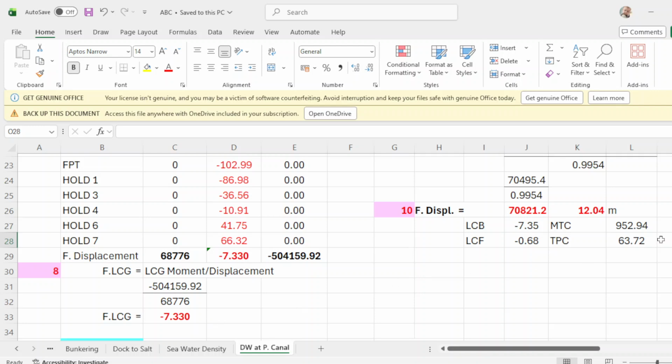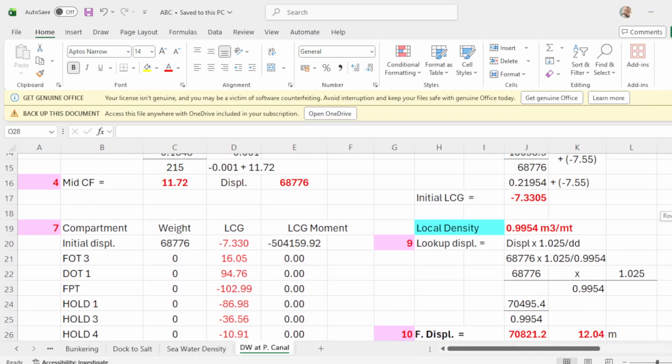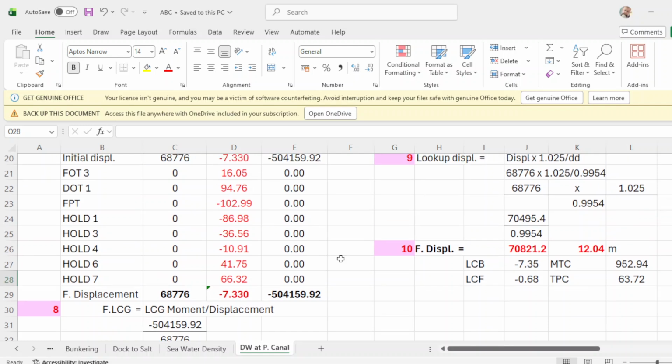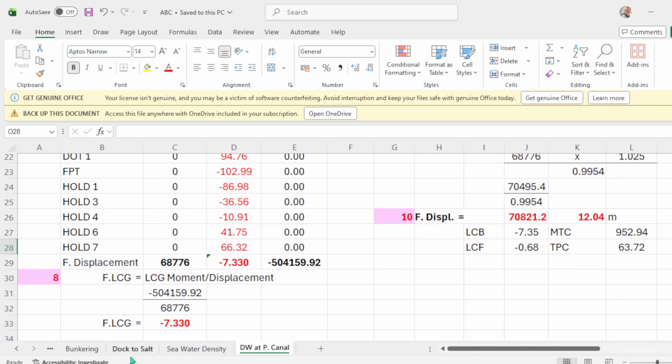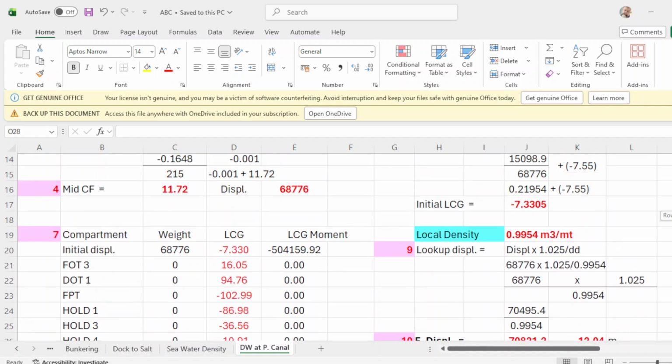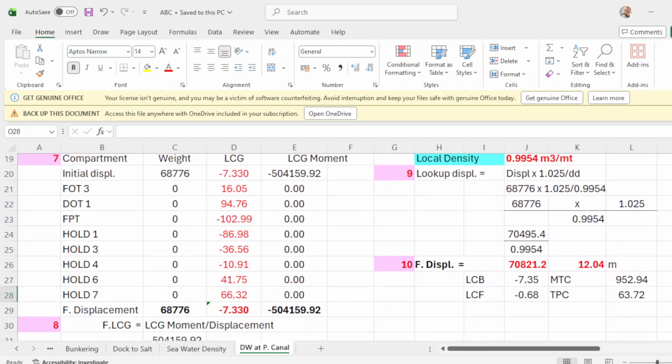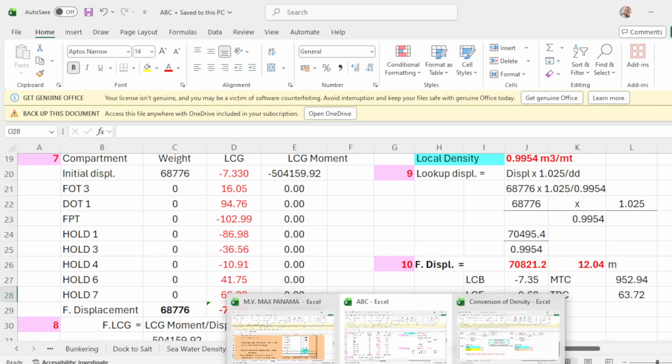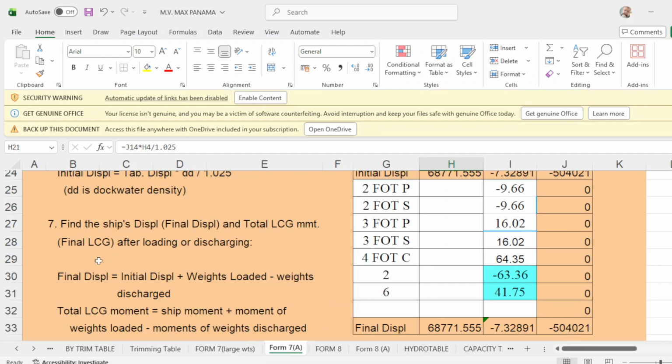If you notice, the final LCG, which is this one, or the initial LCG, will also be your final LCG, which is the same here. Okay? So we go to number 9. This is number 7.